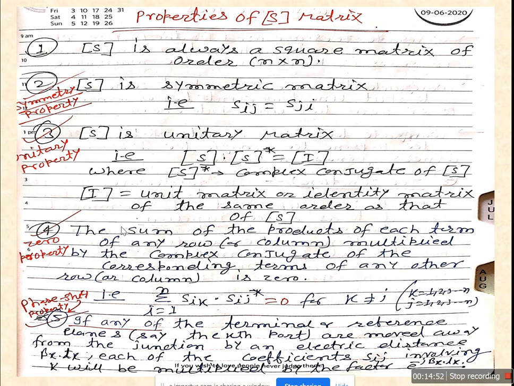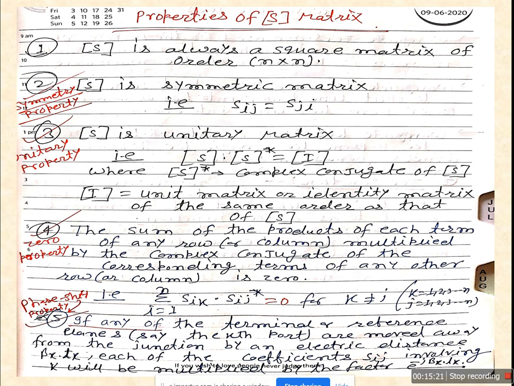What are the properties? The most important is the properties. The S matrix is always a square matrix of order n cross n. It is a symmetric matrix, that means S12 is equal to S21. S is a unitary matrix, that means S times its complex conjugate is always equal to the identity matrix.